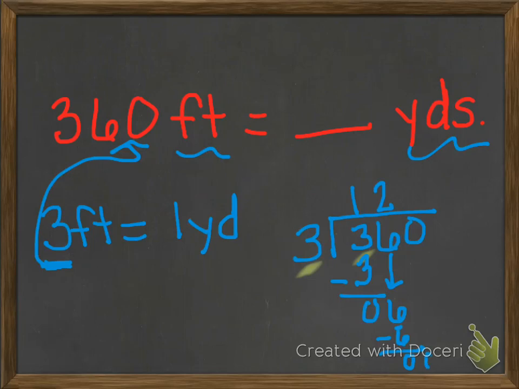Subtract and bring down. Now, we do have 0, but I have brought that 0 down here, so I have to go ahead and say how many 3's go into 0, and that is 0. So my answer here would be 120 yards. 360 feet is equal to 120 yards.